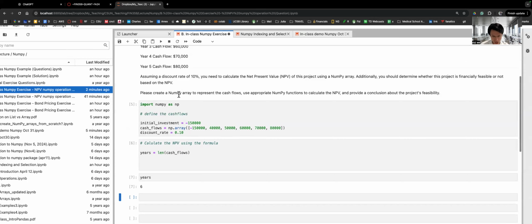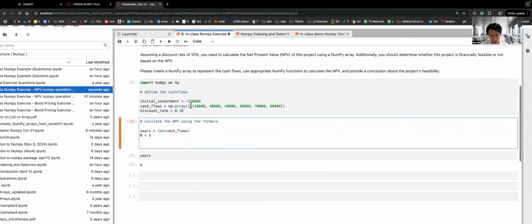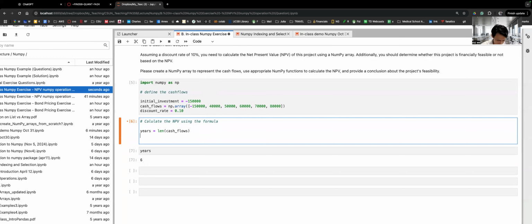You can actually define a variable, let's call it n, to capture the number of cash flows. But let's say if we do not have that variable, you can just calculate the number of cash flows within the cash flow sequence. There is another function I want to introduce, which we talked about in class, and that is arange under the NumPy library.